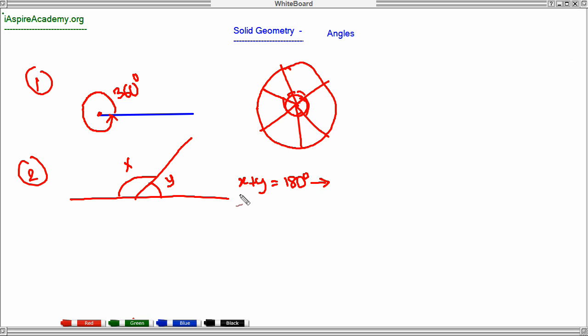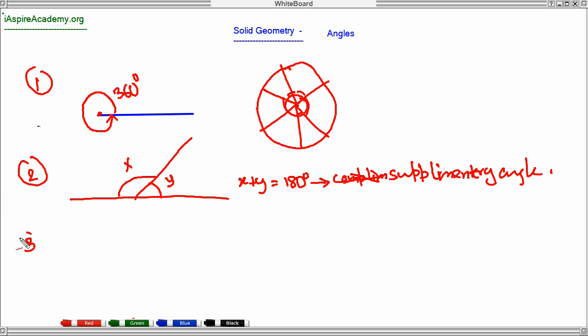When x and y, two angles, make together 180 degrees, they are called supplementary angles. So that's rule number two.